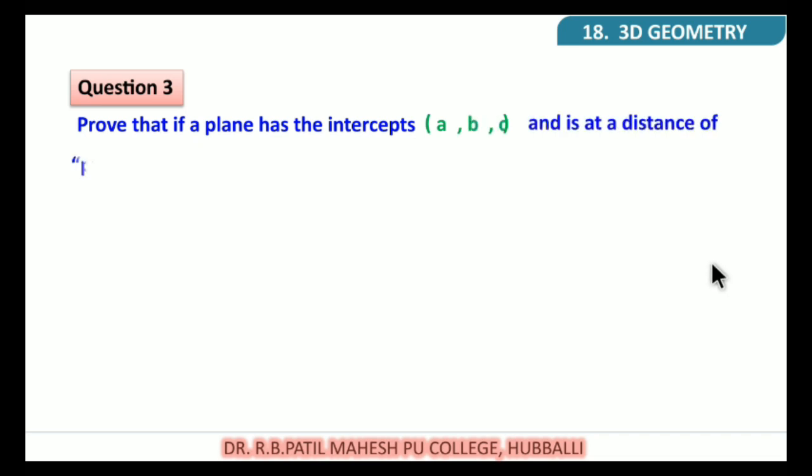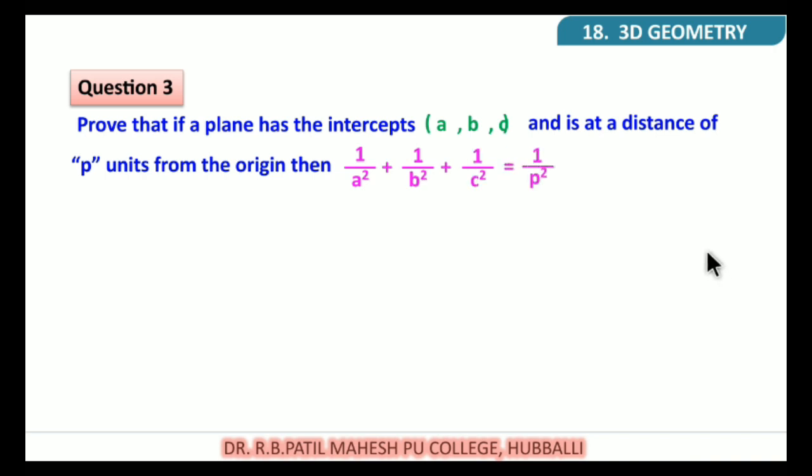Question number 3. Prove that if a plane has intercepts a, b, c and is at a distance of p units from the origin, then 1 by a square plus 1 by b square plus 1 by c square is equal to 1 by p square. Let us prove this.